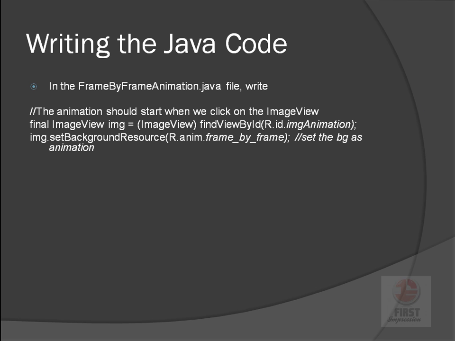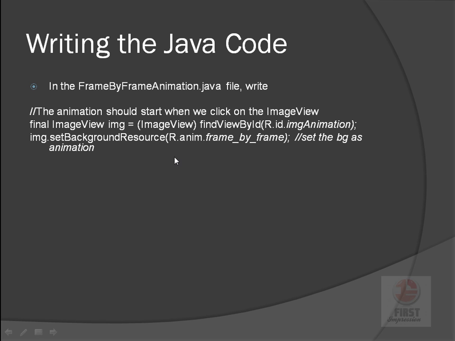Then we have to first set the XML file as the background resource for this image view. You have to first understand why we are doing this. Before playing the animation, we have to make sure that all the images are stacked one behind the other on the image view. For that, we say img.setBackgroundResource, in brackets the name of the XML file which is your resource.